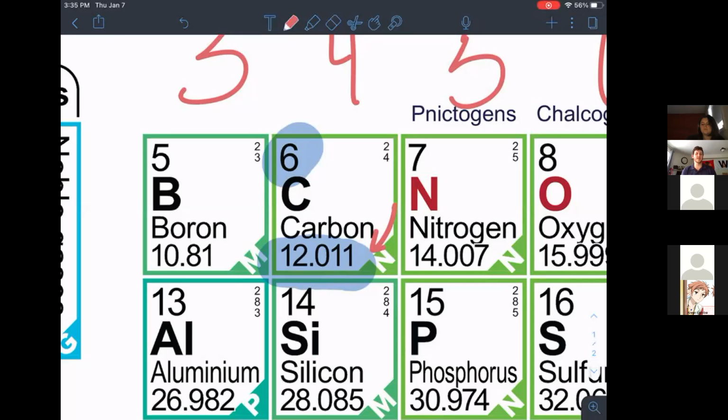What else does this number help us with? Part of that last unit we worked on. What else does that number help us with? Who remembers that one? Solubility. Solubility. So non-solubility, that was our last unit, which was great. But specifically one part of that last unit, we used that 12.011.